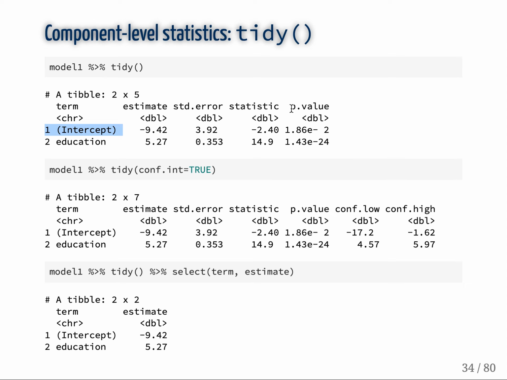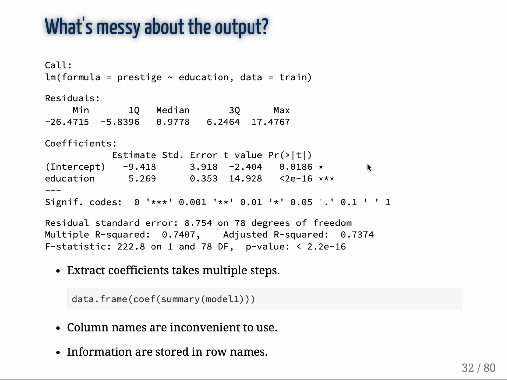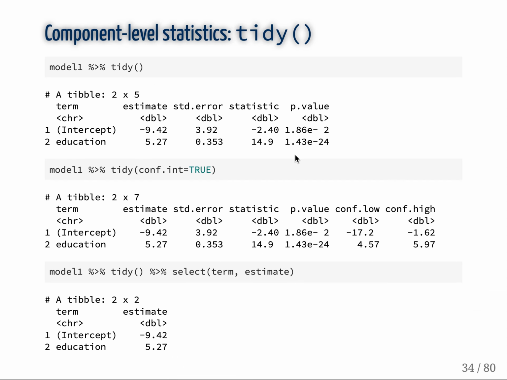Furthermore, here instead of complicated notations like this, we have p.value, no white spaces. When you have white spaces in column names, sometimes it creates problems when dealing with other tools.